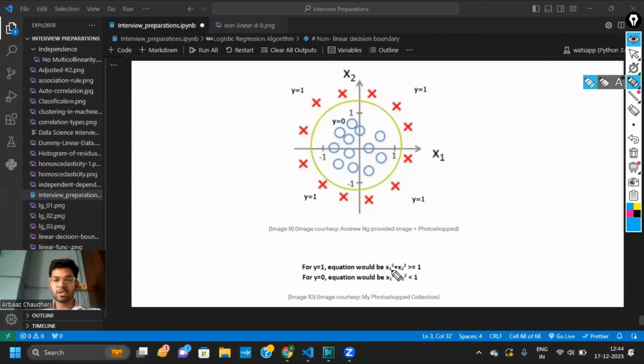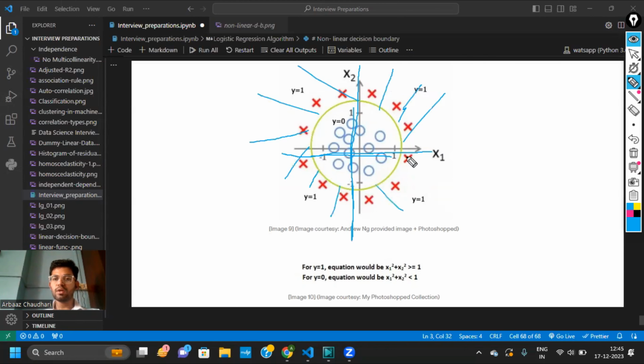So let's see this equation: x1 square plus x2 square is greater than or equal to 1. x1 square means this full area, and x2 square is this full area, but it says greater than or equal to 1. 1 is over here, and greater than or equal to means this whole area.